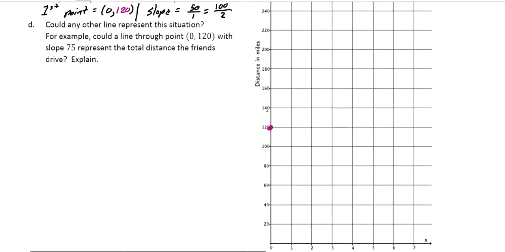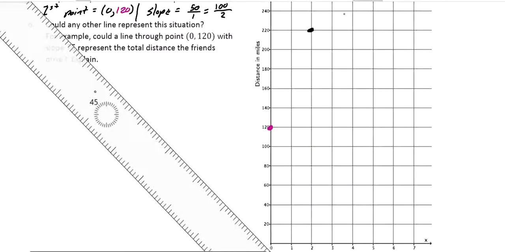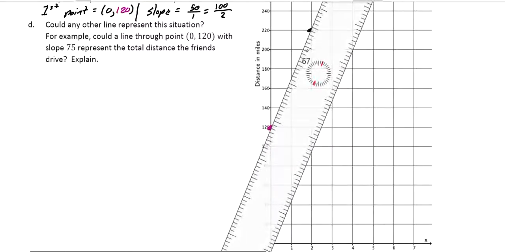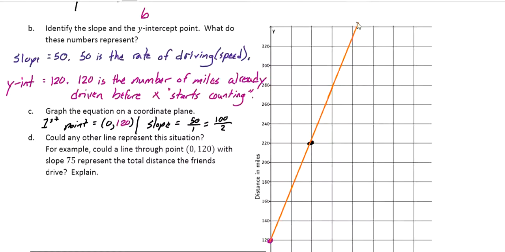I go up from 120 to 220. That's 100. And then I go over 2 hours. Then I'll take my ruler and connect my points for my line. So there we go, got my line. Gonna label it with my equation. Make sure we get full credit on that.